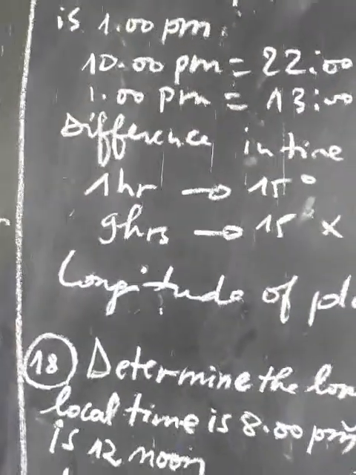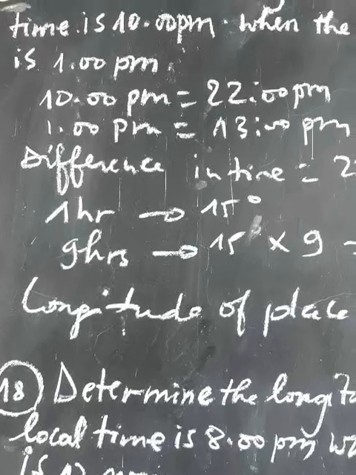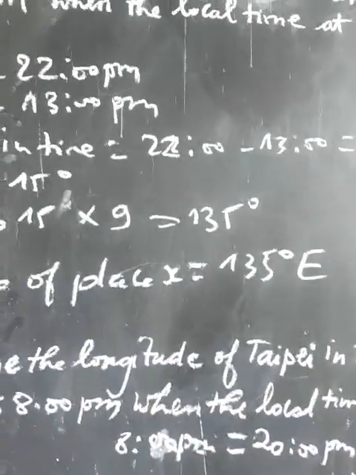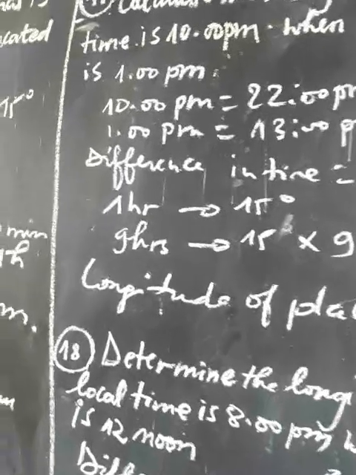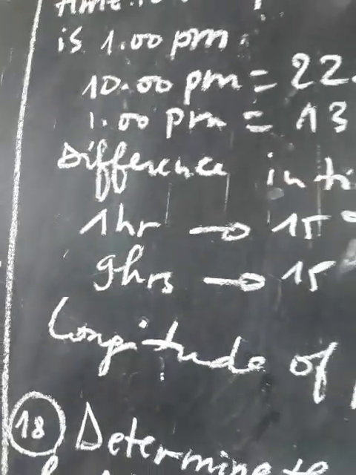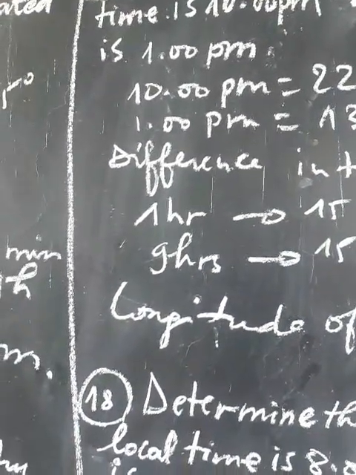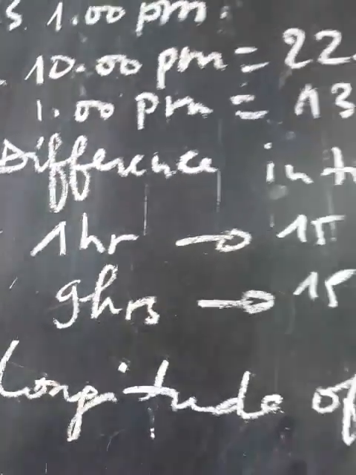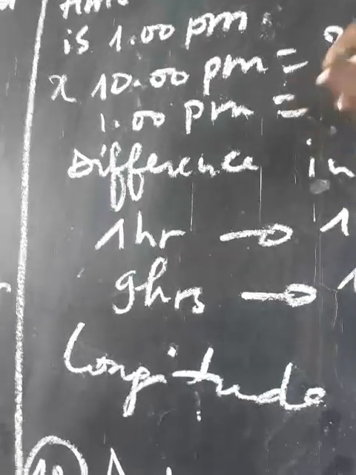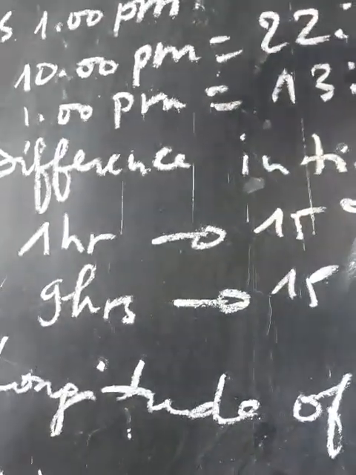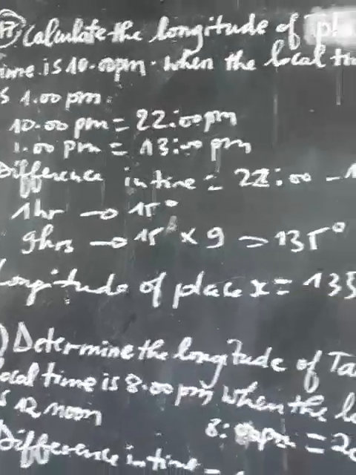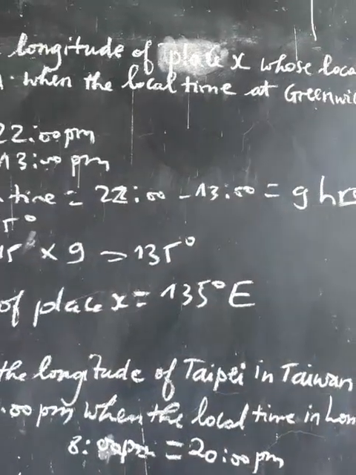And then, if 1 hour is equal to 15 degree, then 9 hours is equal to 15 degree times 9, which is equal to 135. They want us to find the longitude of place X. This was for place X. It means when we are coming from 13 to 22, the hours are increasing. So therefore, the direction is going to be east.